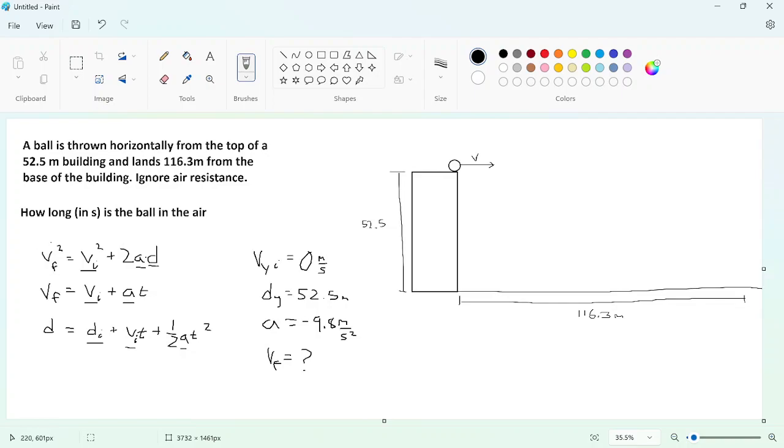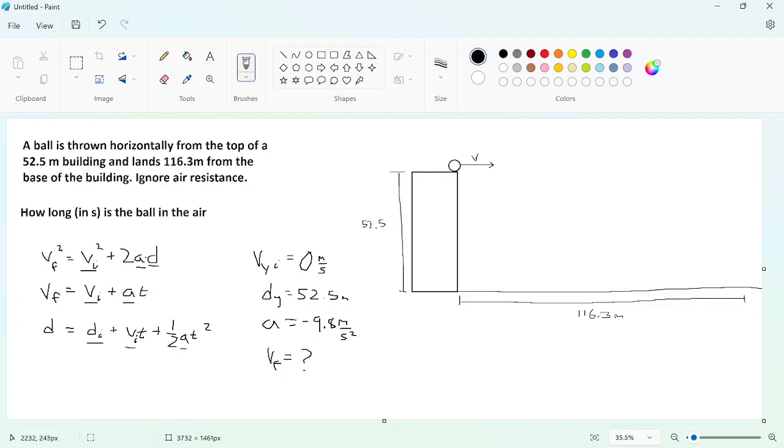An object's final velocity is equal to its initial velocity plus the velocity it gains from accelerating across a distance.